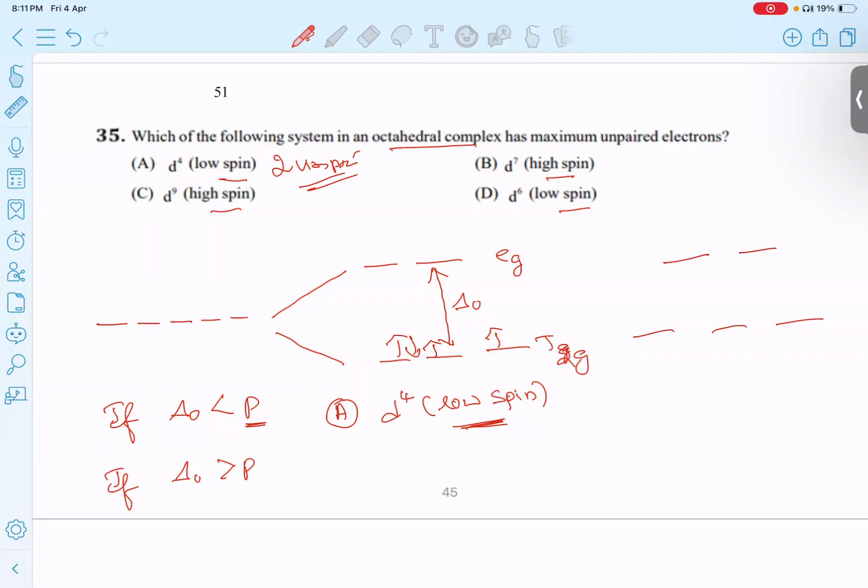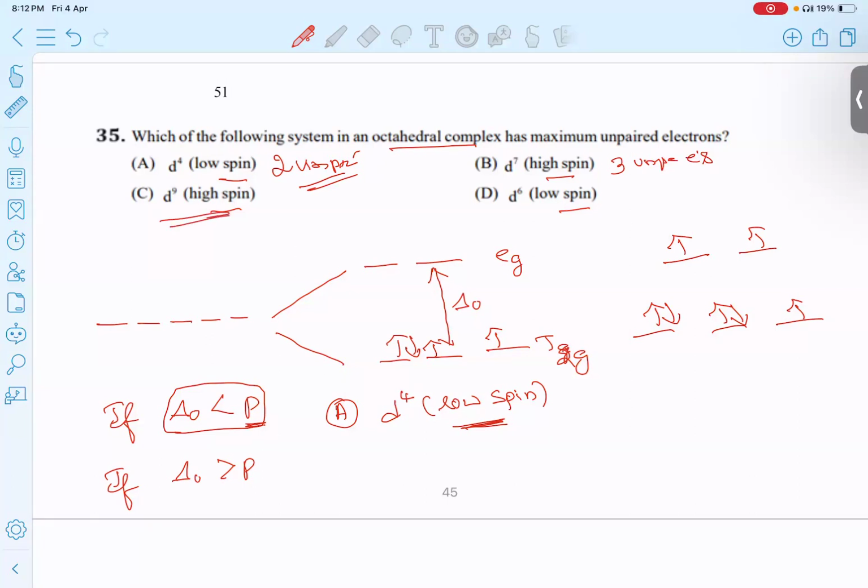High spin complex means delta naught is less than the pairing energy. So 1, 2, 3, 4, 5, 6, 7. There are three unpaired electrons in the d7 configuration.